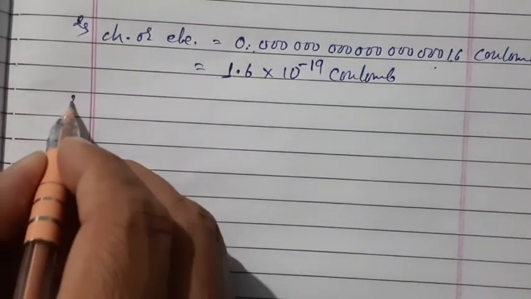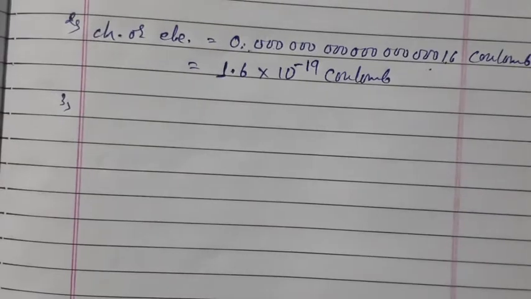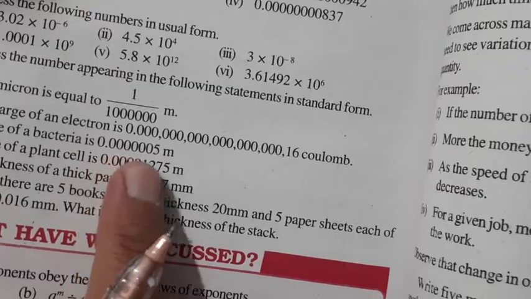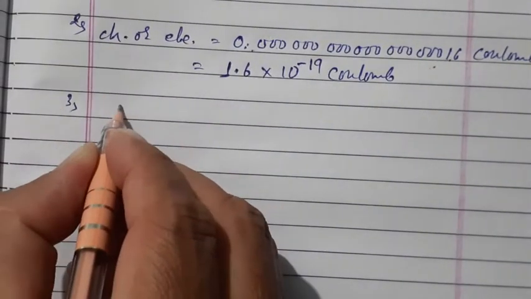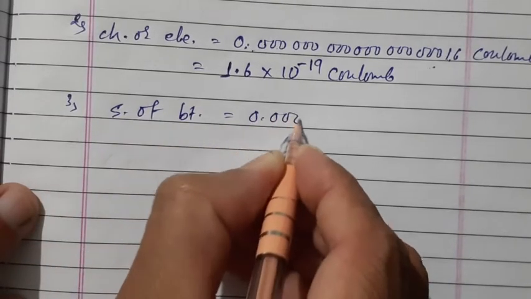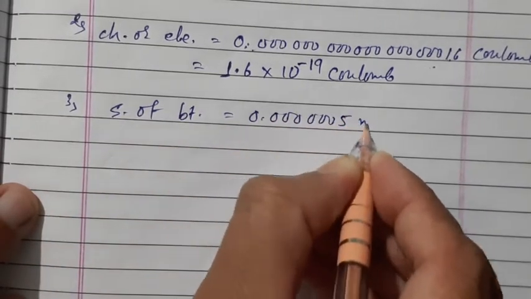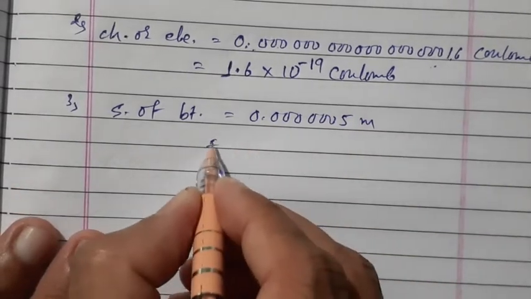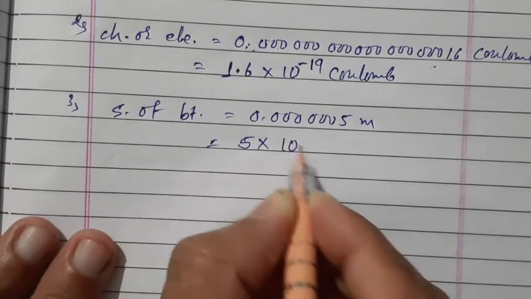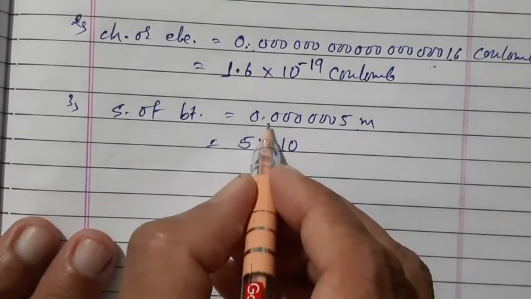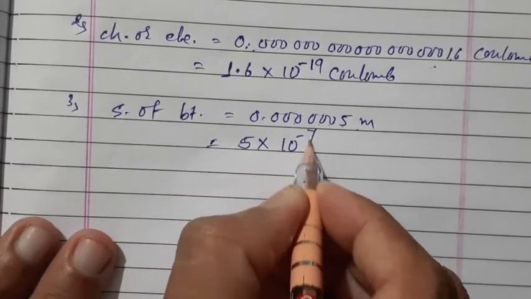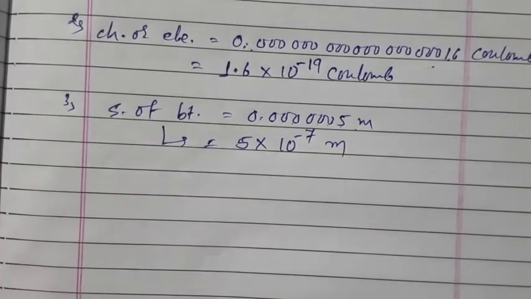Third one is written question. Size of bacteria is 0 point 0000005 meter. So the standard form of that one is 5.0, otherwise you just write 5 into 10 raised to. We move to the right side, means minus answer. How many steps? 1, 2, 3, 4, 5, 6 and 7. Minus 7 meter. Okay.